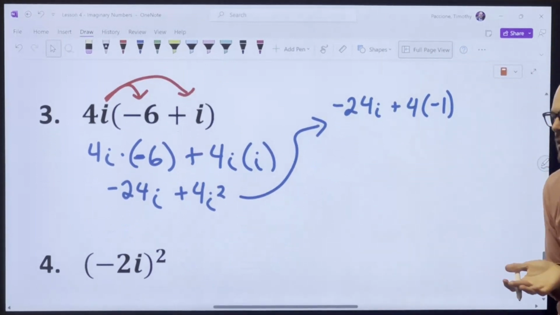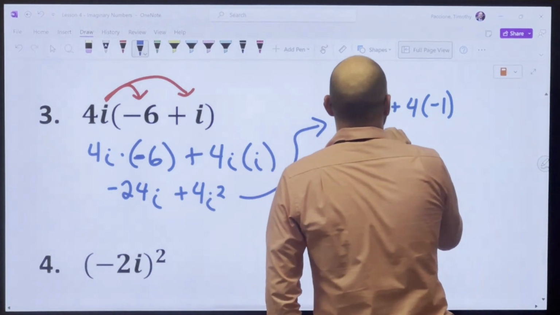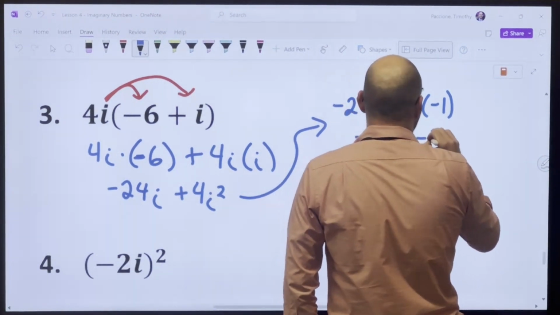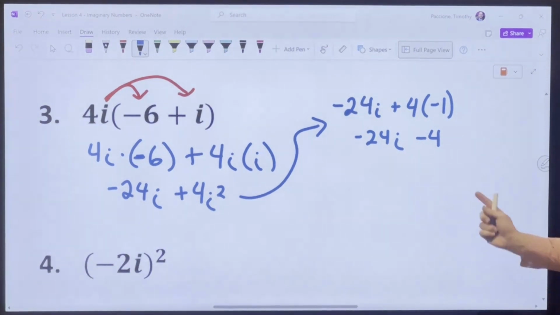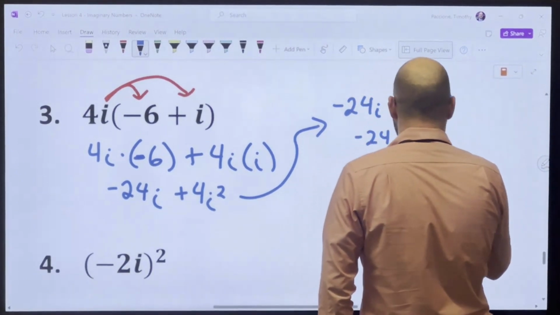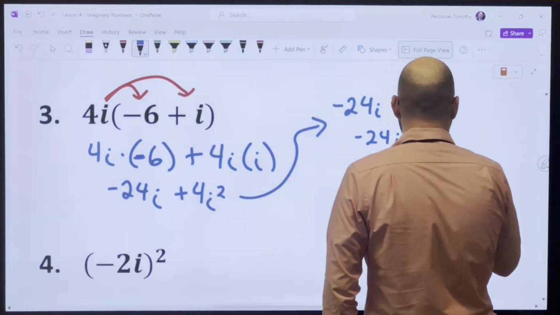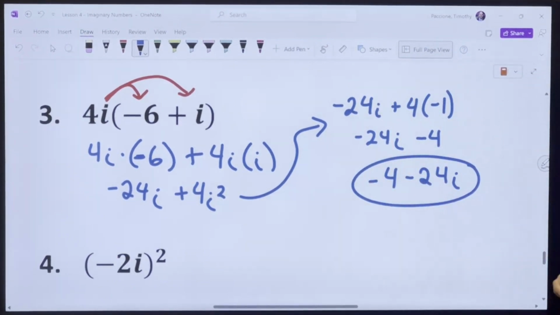And what is 4 times -1? -4. So this is actually -24i minus 4. Plus -4 would be -4, right? And then one more step, if I want to write this properly: -4 minus 24i, and there we go. Okay?